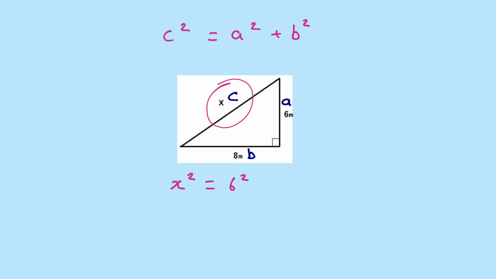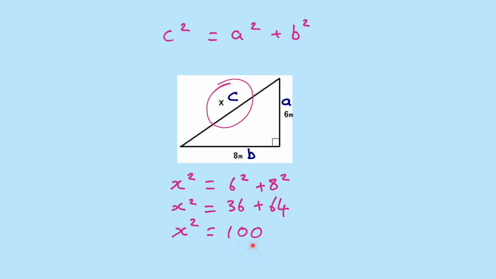So that will be 6 squared plus 8 squared. So x squared equals 6 squared is 36 and 8 squared is 64. So when we add these two together, we get 100.